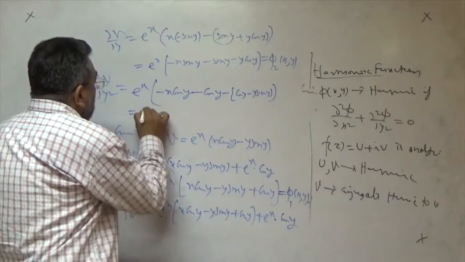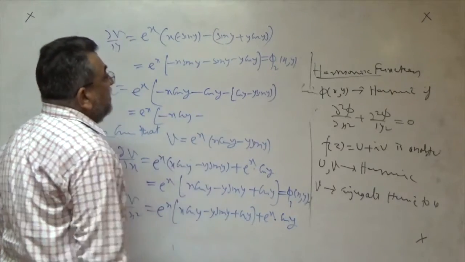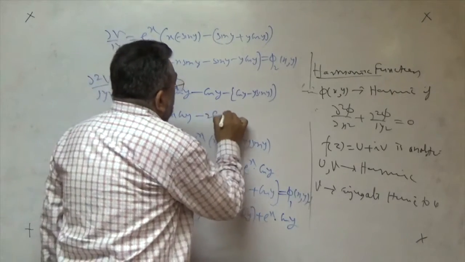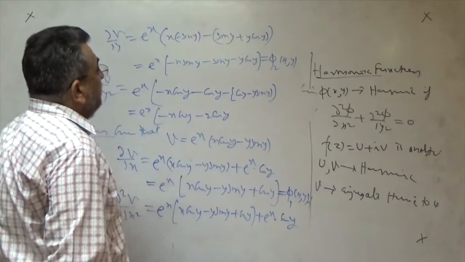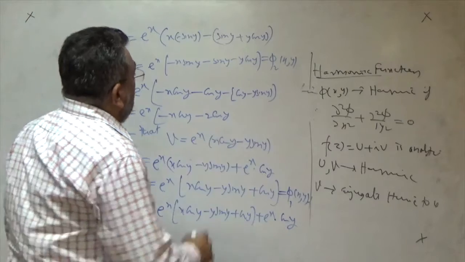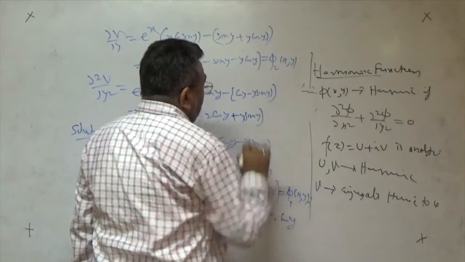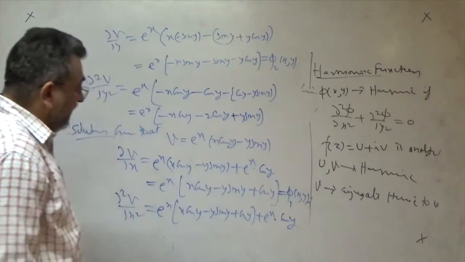This is finally e to power x, (minus x cos y, that is 2 cos y, and minus plus y sin y). This is the second derivative.